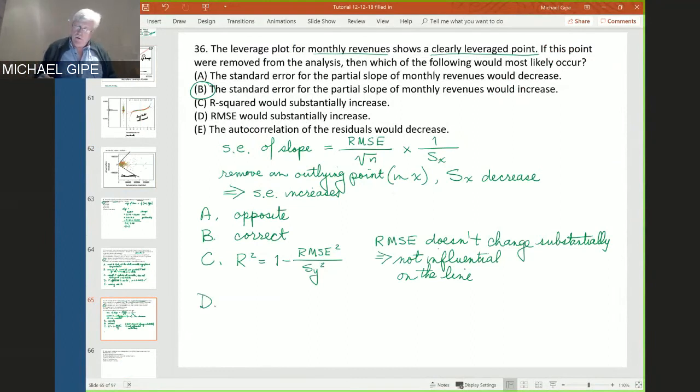How about D? RMSE would substantially increase. Same argument. Not an influential point.